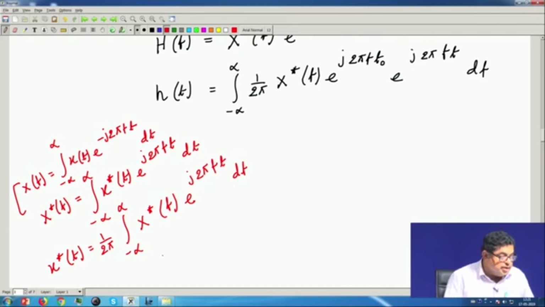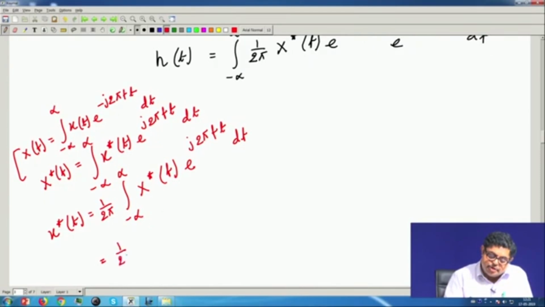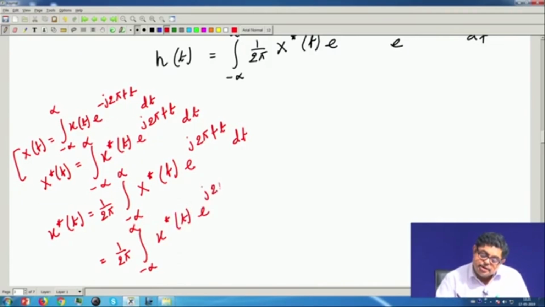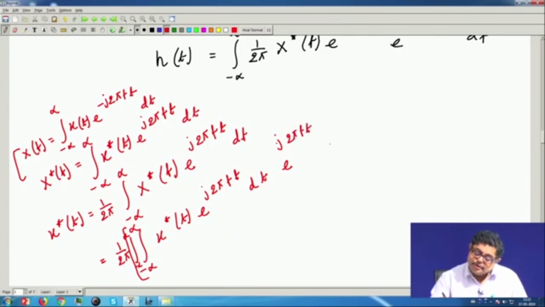This we know from the basic thing, and then we can put the value of X star(f), 1 by 2 pi integral from minus infinity to infinity, so X star(f) is x star(t) e to the power j 2 pi f t dt, and then there will be another e to the power j 2 pi f t, then I will have a df.